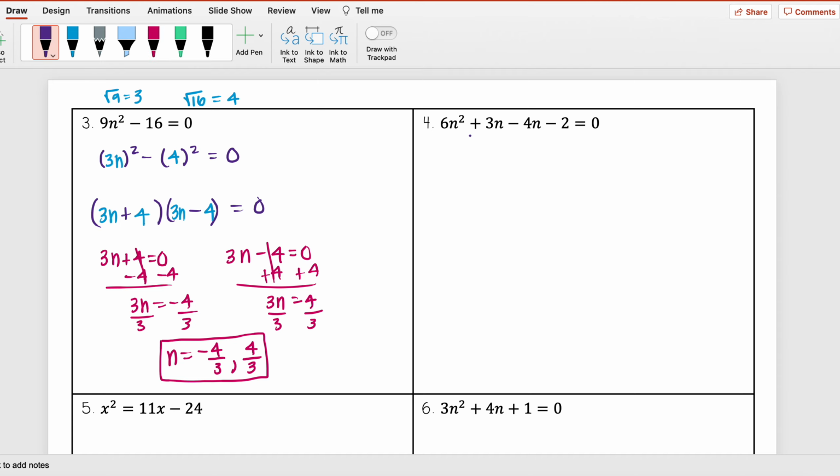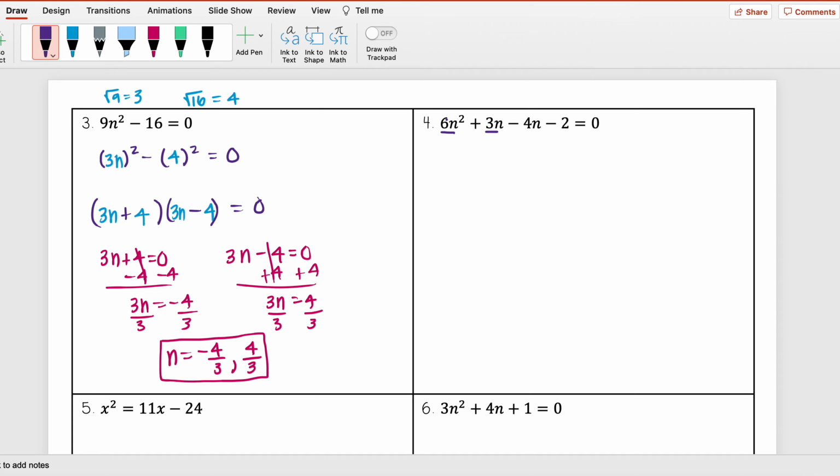Okay, and the last one for this video, we have 6n squared plus 3n minus 4n minus 2 is equal to 0. So here I have 4 terms, so that clues me in that I'm going to factor by grouping. And so factor by grouping, I'm going to take the first 2 terms and find its GCF, and then do the same thing with the second 2 terms.